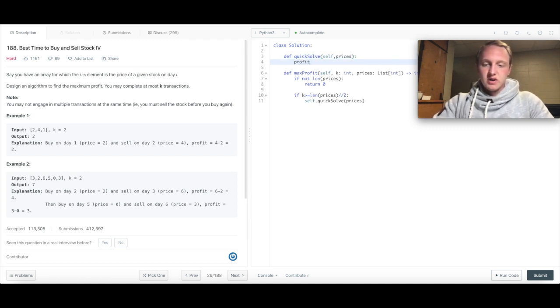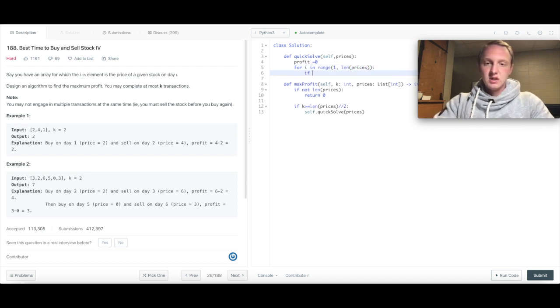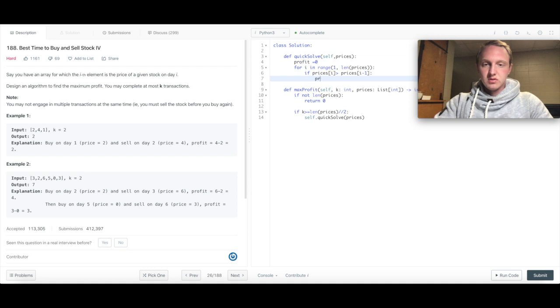We define profit equals to 0, for i in range 1 to lengths of prices, if prices[i] is bigger than prices[i-1], we add to profit.